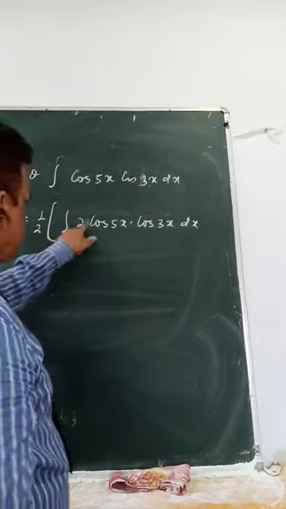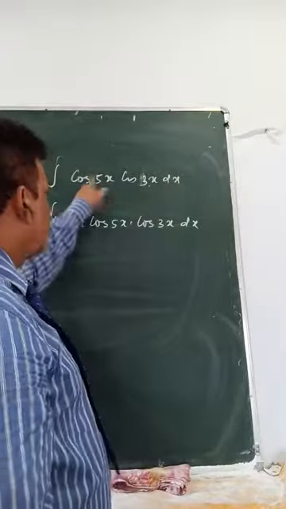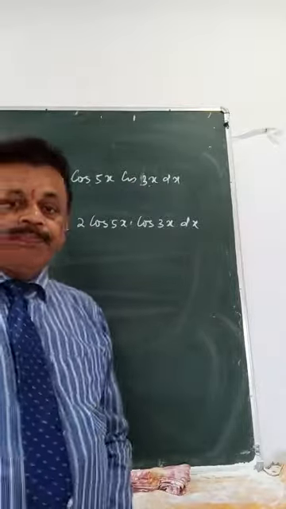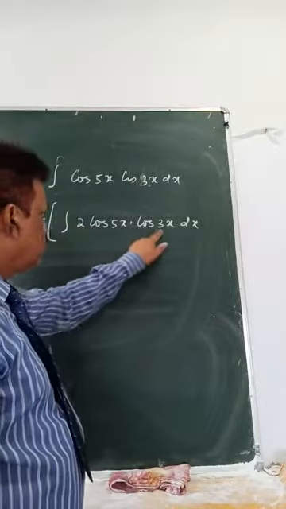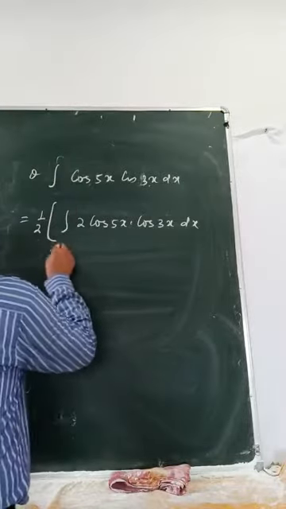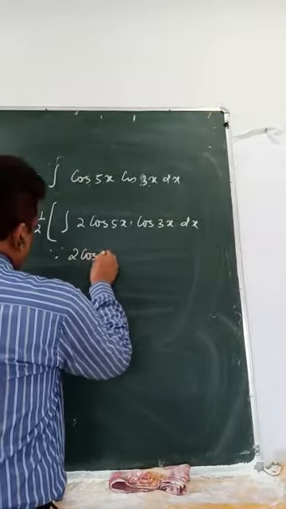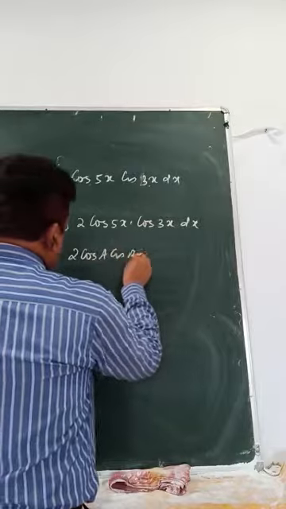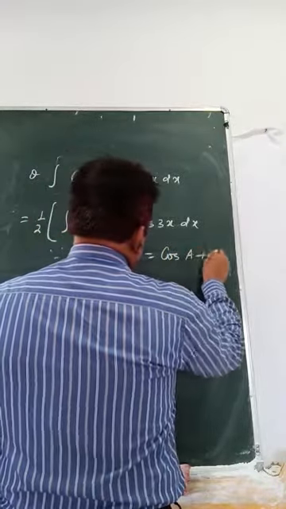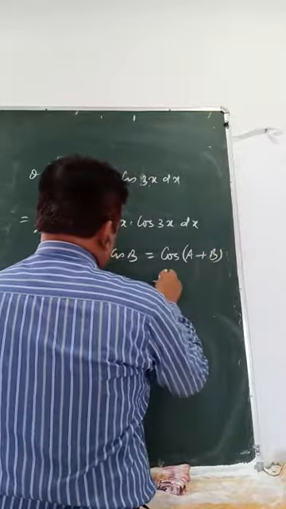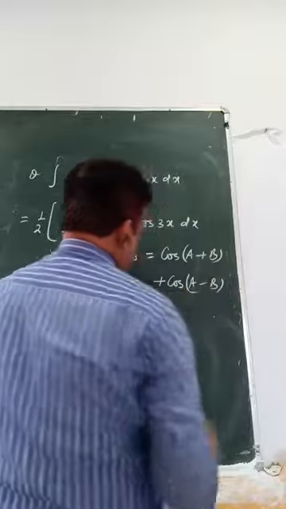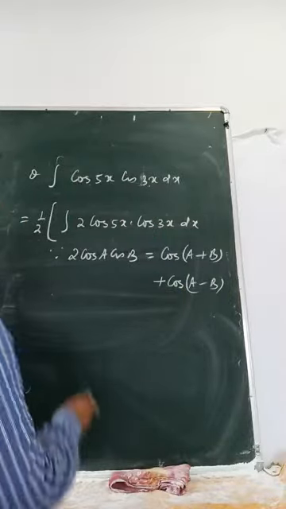I made it half into 2 because when you find a product form of trigonometric functions, try to make half of 2. Then this will be 2 cos a cos b. So what is 2 cos a cos b? 2 cos a cos b equals cos of a plus b plus cos of a minus b.